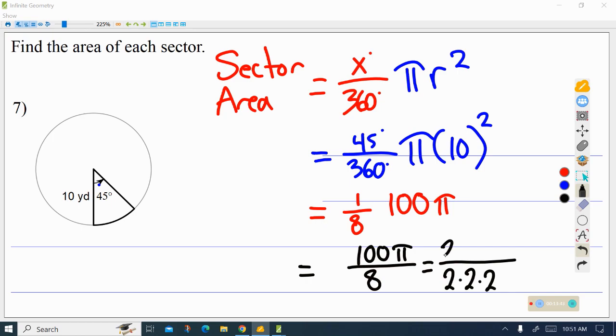And 4 is 2 times 2. So that means 2 times 2 times 25 is 100. Now all we need is the pi. And that tells me I can cancel one pair of 2's, I can cancel another pair of 2's. So what's going to be left over is 25 pi over 2. That's our final answer.